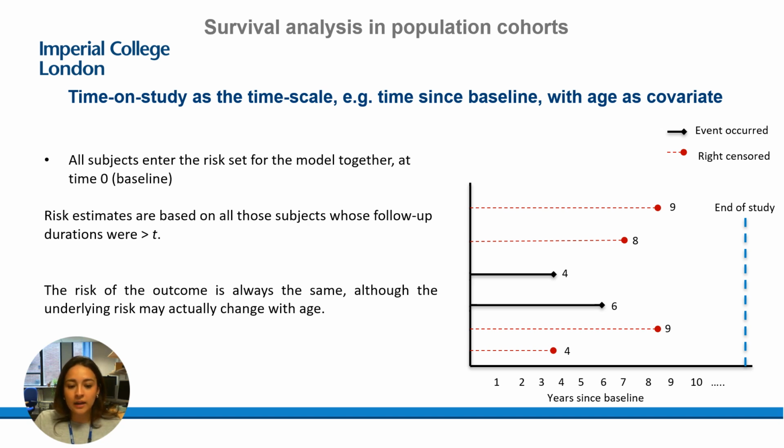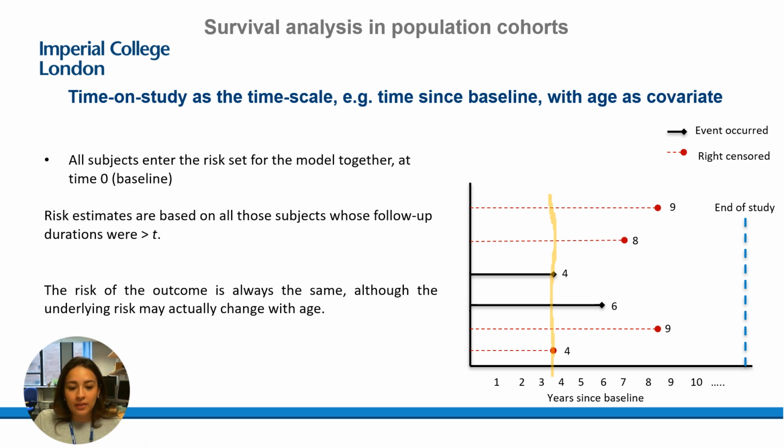If we look at 4 years, if we were to draw a line here at 4 years, we can see that everyone falls on that line or below that line. So what we say is that at 4 years of follow-up, all the participants are at risk of experiencing the event.